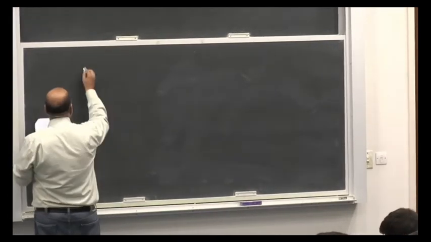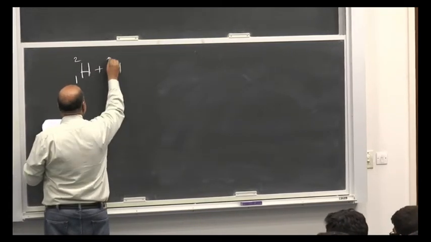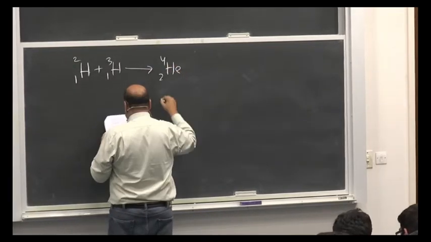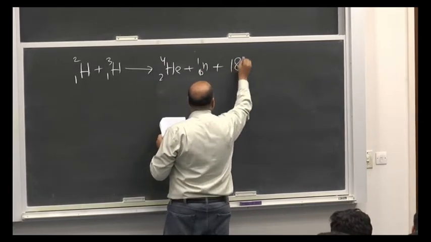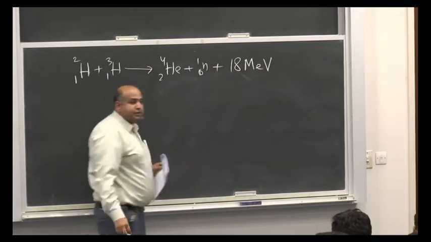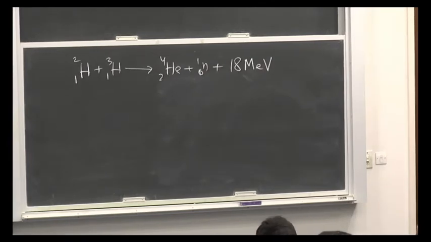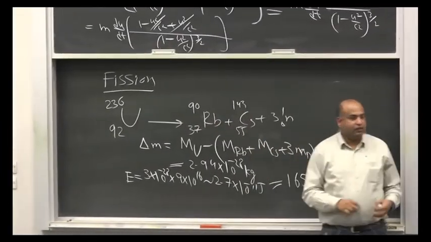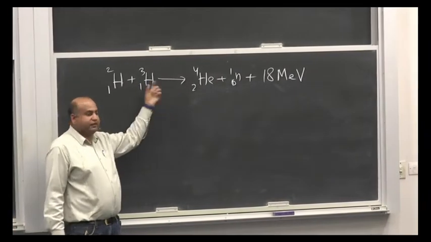For example, if you have a deuterium and an H3 atom, they fuse to make a helium atom and they produce one neutron, and the mass difference is such that 18 mega electron volts are produced. अब यहाँ पे देखें, जो पेरेंट न्यूक्लियस था उसका वेट ज्यादा है, और जो डॉटर न्यूक्लियाई हैं उन सब का मिला के उससे कम है. यहाँ पे जो पेरेंट न्यूक्लियाई है उनका वेट भी ज्यादा है, उनका कम है, लेकिन यहाँ पे ये स्मॉलर है.